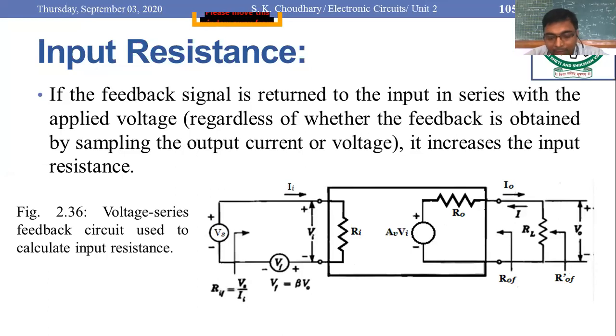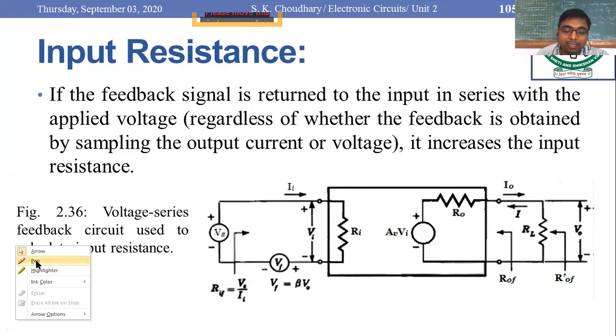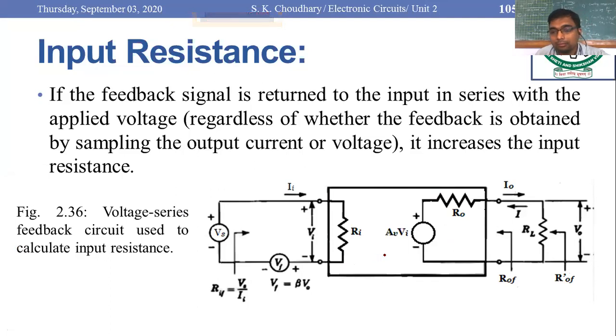In this case, within this black box, a component of the transistor based amplifier has been shown, where Ri is the input resistance of the amplifier. This is AVVi, the dependent voltage source, and R0 is the output resistance. And RL is the external component connected to the amplifier circuit at the output network.